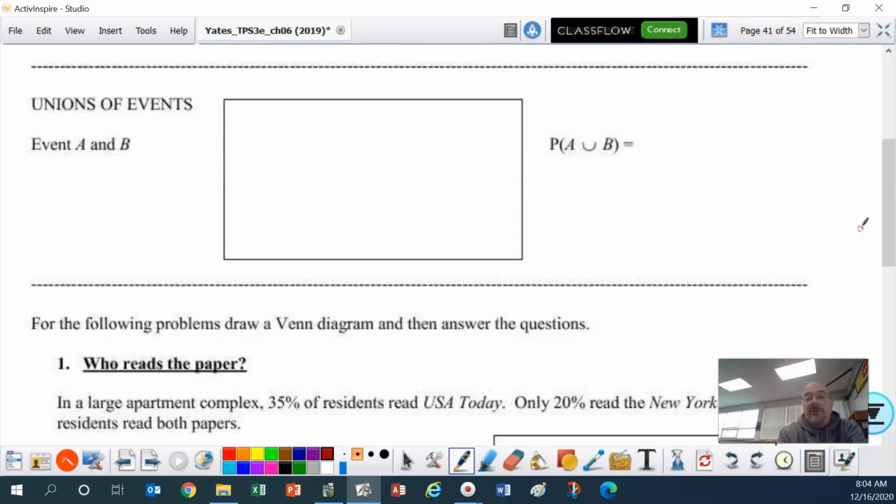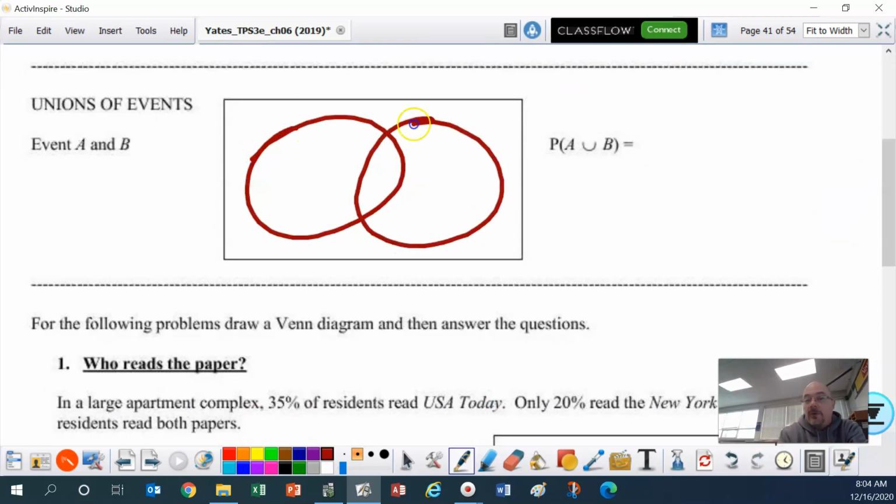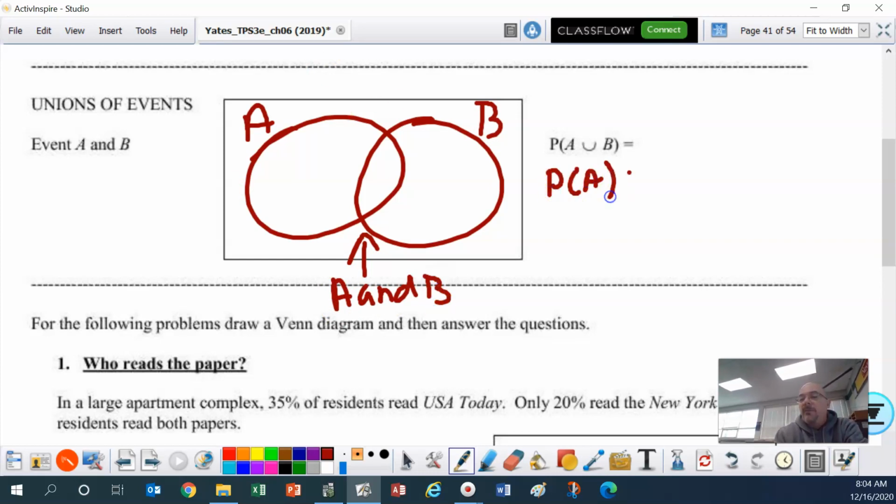The union of events, we just saw that. That's where they're overlapping, and this is the A and B. So that would be the probability of A plus the probability of B. But if you add those together, you would add the overlapping part twice, so you have to subtract that part out.